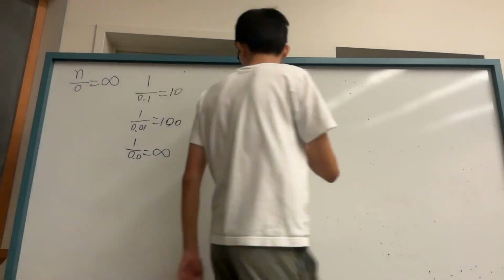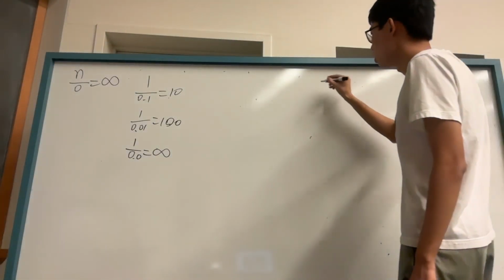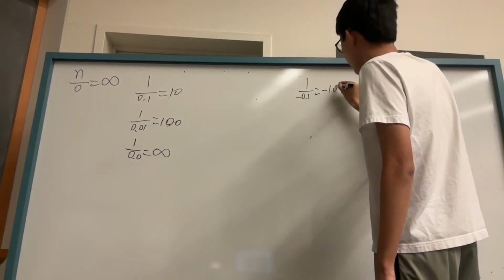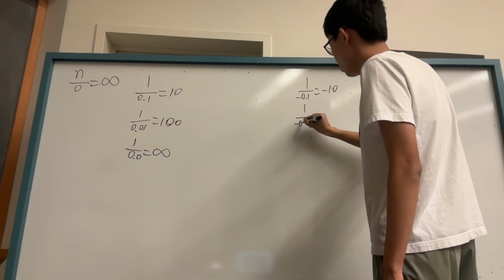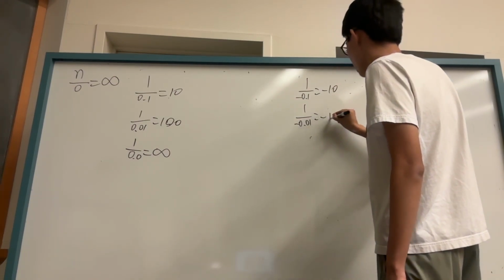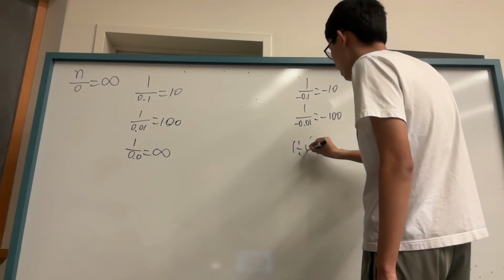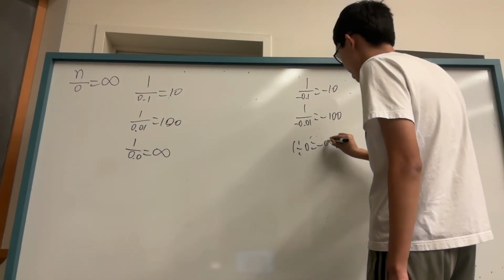But let's look from another angle. 1 over negative 0.1 equals negative 10. 1 over negative 0.01 equals negative 100. So by this logic, 1 divided by 0 should equal negative infinity.